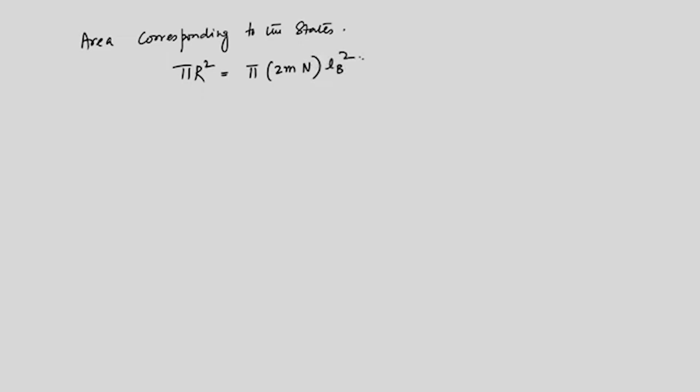That is the area that you have, and so the total number of states in a particular Landau level is equal to AB over phi 0.